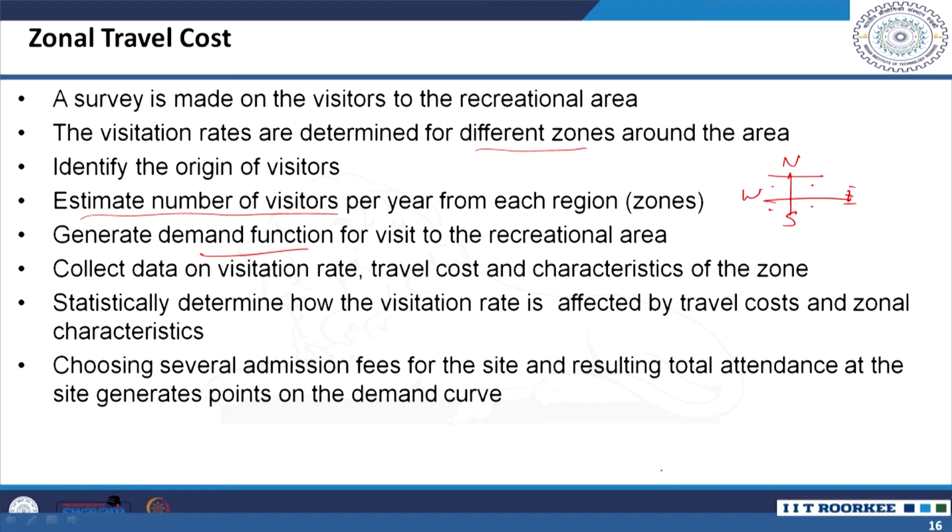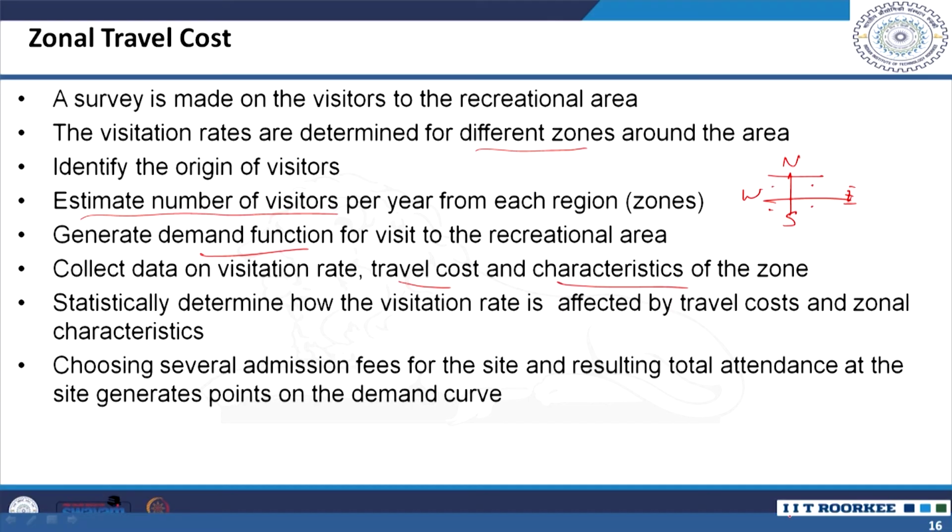Then we can collect the data on visitation rates, that is how many times from each of the zones, north, south, east or west, they are travelling to this particular national park per year, based on their travel costs and different characteristics of the zones. And then we can statistically determine how the visitation rate is affected by the travel cost and other zonal characteristics, right.